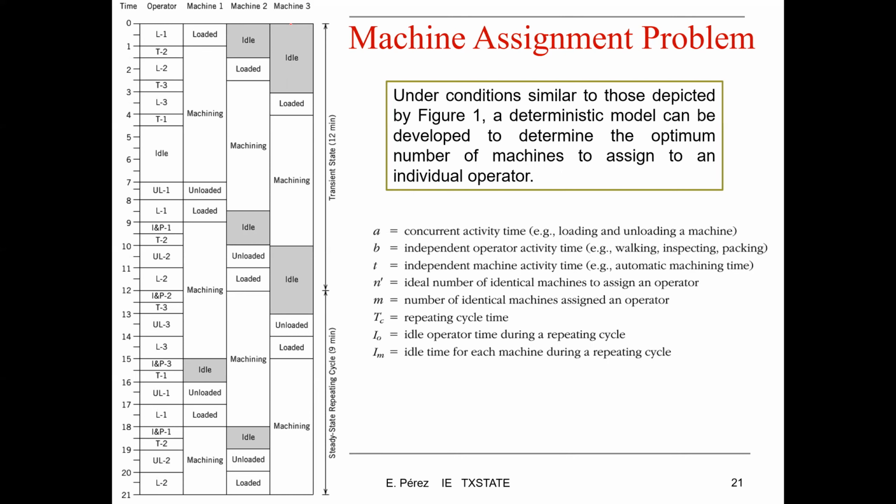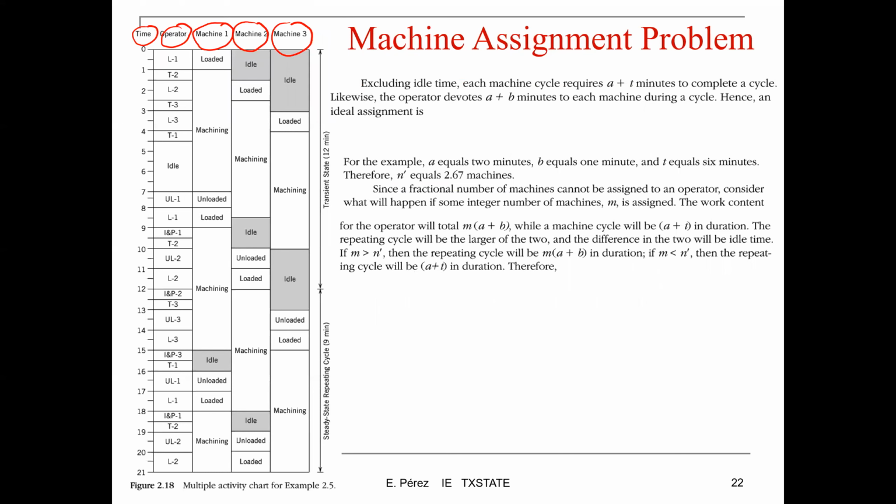M is the number of identical machines assigned to the operator. TC is the repeating cycle time. IO is the idle operator time during the repeated cycle. And IM is the idle time for each machine during a repeating cycle. Excluding idle time, each machine requires A plus T minutes to complete a cycle.